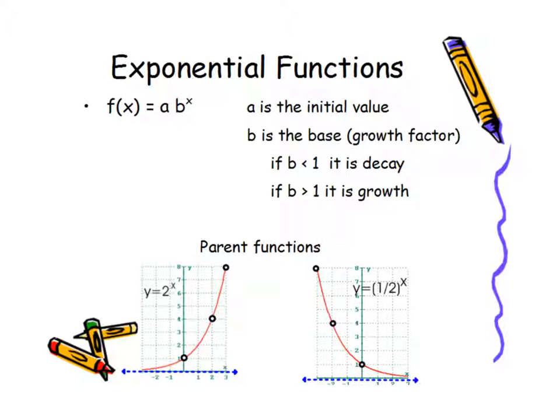There is one other way to show decay. In the example down here, I have it as a fraction, 1/2, so that's less than 1. That's what makes this exponential decay. But there is another way to show that and not use a fraction here. If you think about what would bump that 2 to the denominator, well, your exponent could be negative.